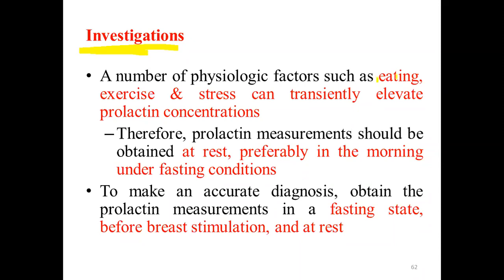For example, the patient is supposed to fast before you measure the prolactin level. Then avoid exercise, because exercise can cause a mild increment in the prolactin level. So because of this effect, it is good to avoid eating and exercise before the test.